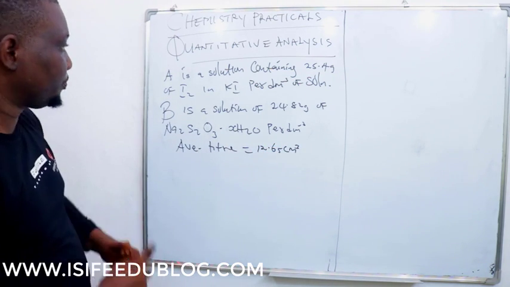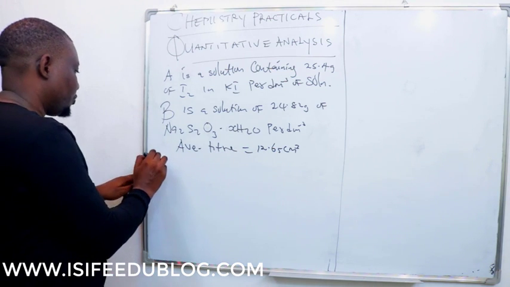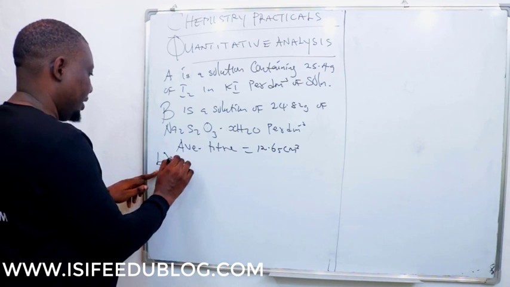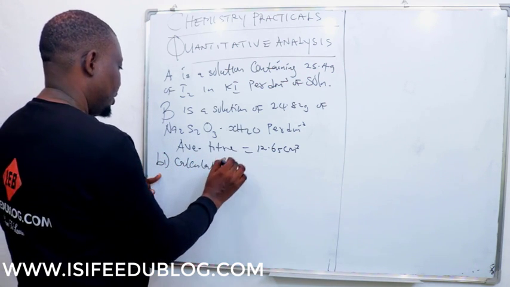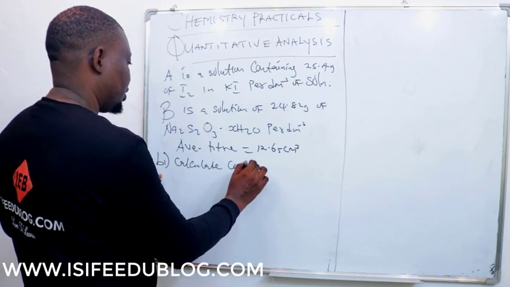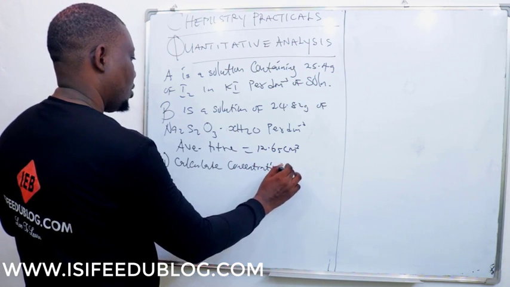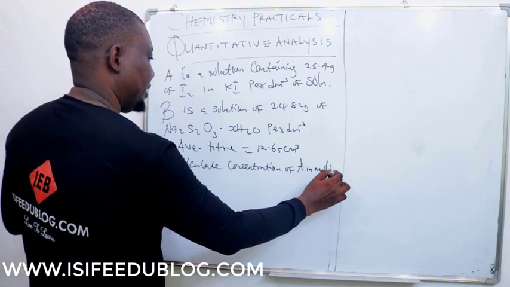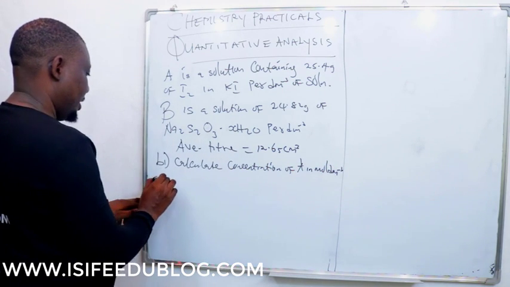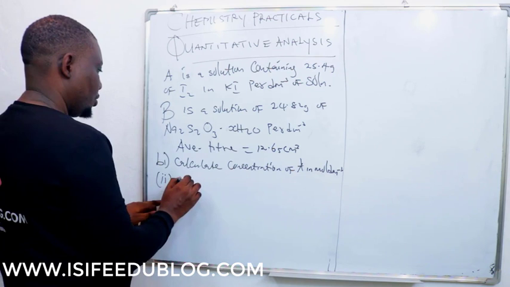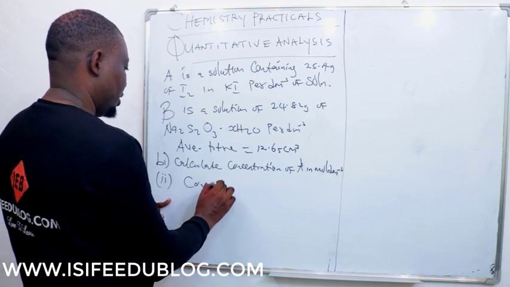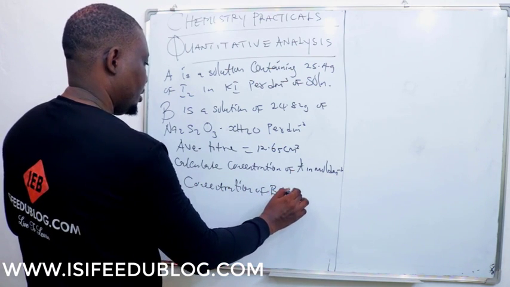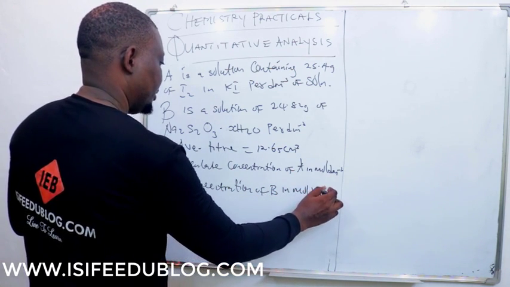Okay, viewers. So now they say from BI, then we are asked to calculate I, concentration of A in mole per dm³, and II, concentration of B in mole per dm³.